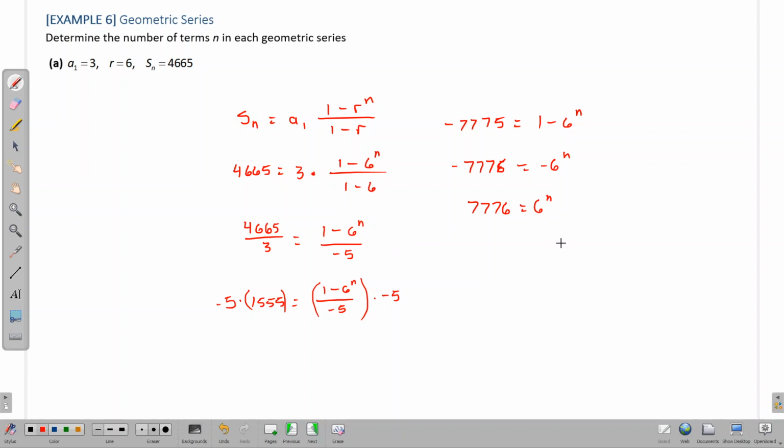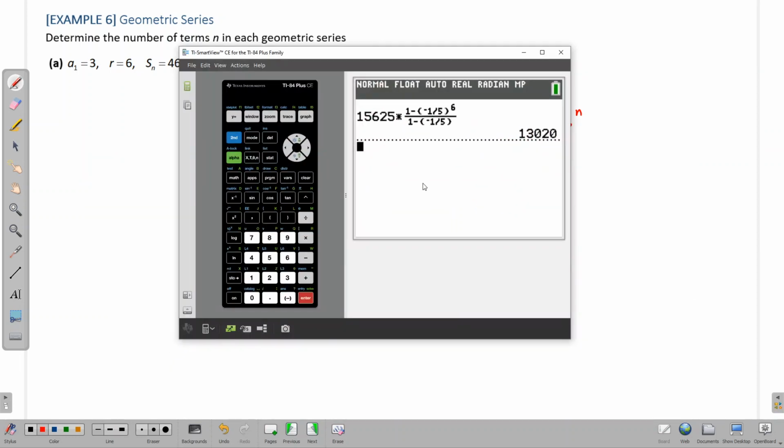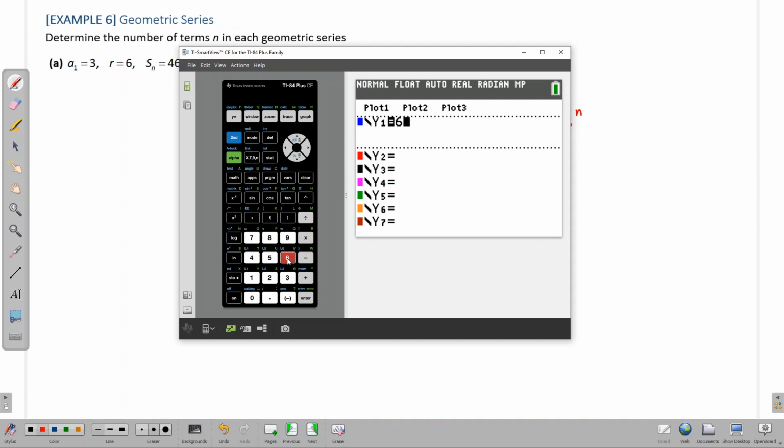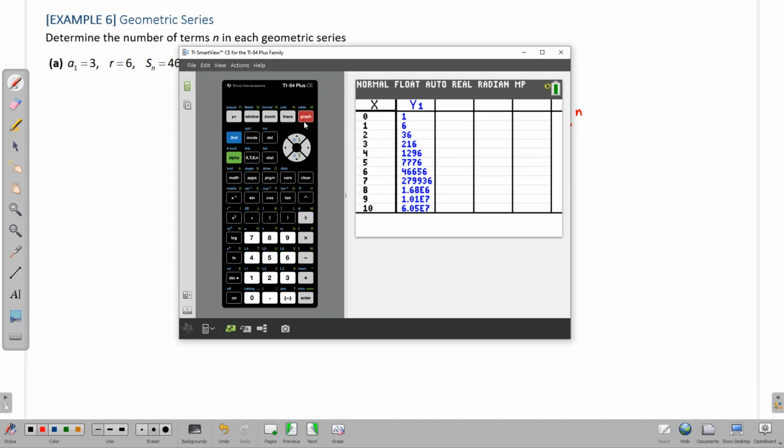Okay, at this stage, then we're going to finish it by either, if you know how to use logarithms, you can take a log of both sides, apply properties of logs to get your answer, which is going to be the quick way. If you don't know how to do that, then you can just solve it by inspection. We can just plug values of n in until we get the answer that we're looking for. So again, to review that process, go back to y equals. We're just going to put 6 to the x in there, and then we're going to go second table.